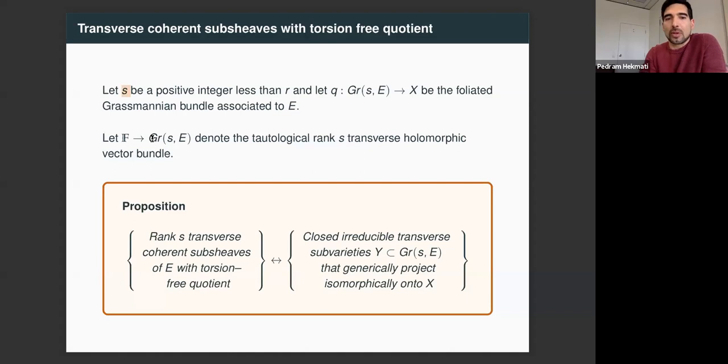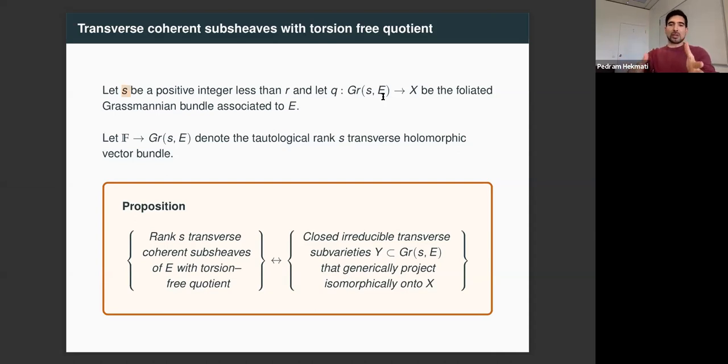There's a tautological bundle of this Grassmannian, and if you pick a section of Q and pull back this tautological bundle, that gives you a subbundle of E. So to work with these more general coherent subsheaves of E with torsion-free quotients, we need to consider meromorphic sections of Q, because these sheaves are subbundles outside of a codimension 2 analytic subvariety.